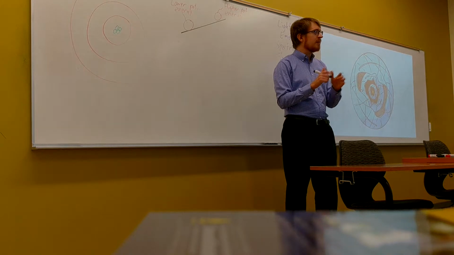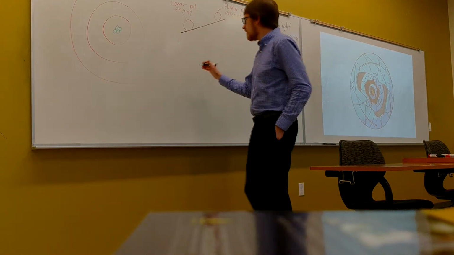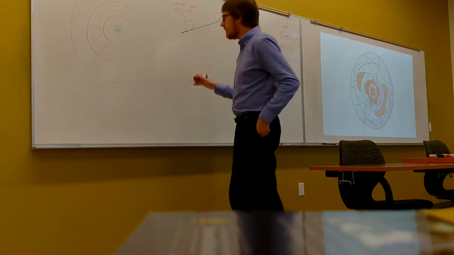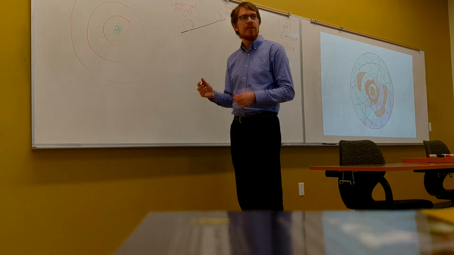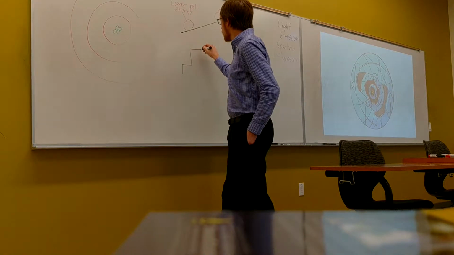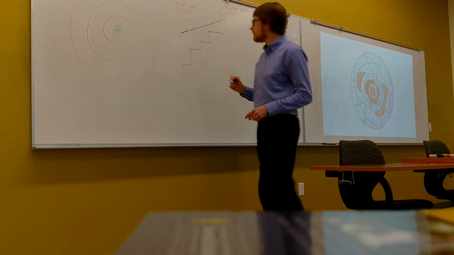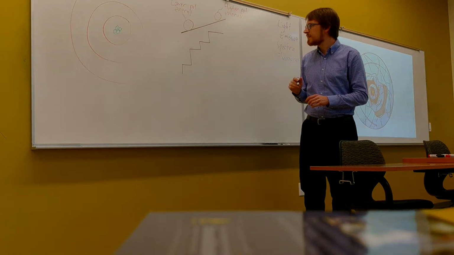A better metaphor might be a bowling ball on a set of sort of uneven stairs. So to think about the energy levels of electrons in an atom, think about a set of stairs. They're not necessarily even. There we go. They have sort of a jagged shape like this.